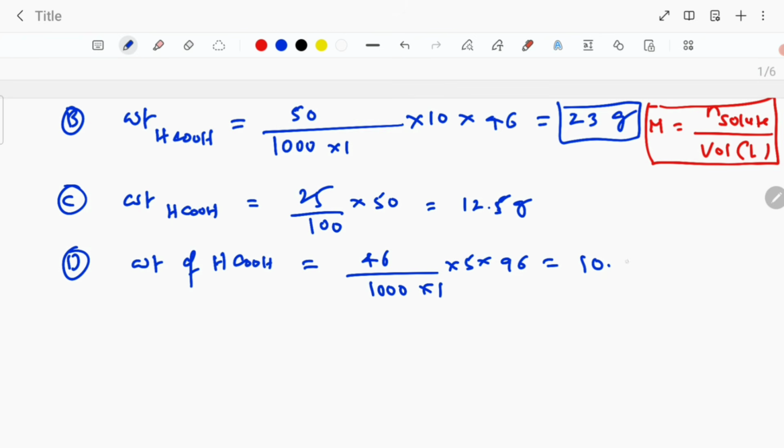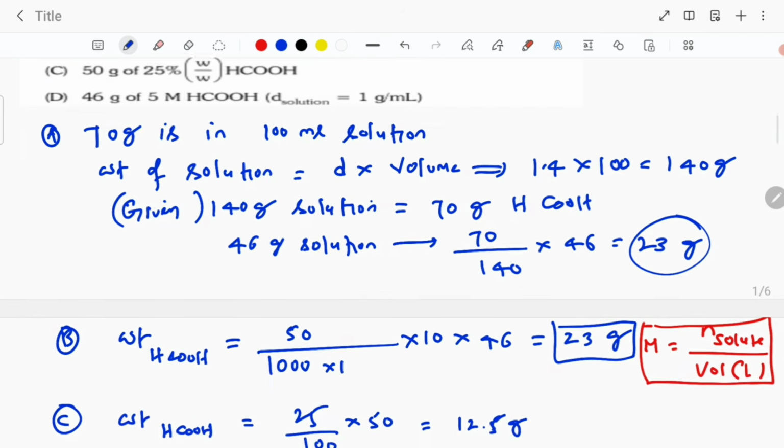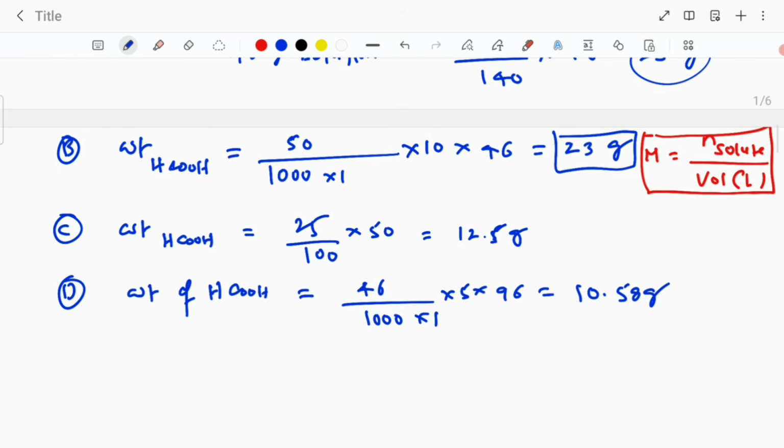You will get 10.58 grams. So overall the answer should be option A and option B. See here we elaborated how we can write number of moles of solute: given weight by molecular weight into volume in liters. You can elaborate the formula like this. That's how we calculated the W value.